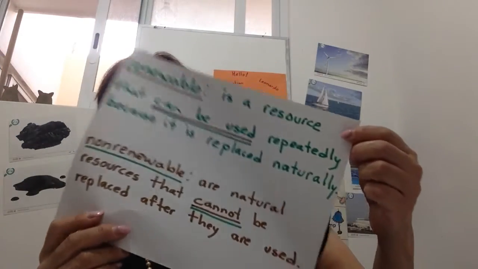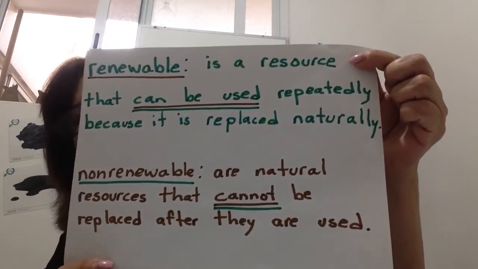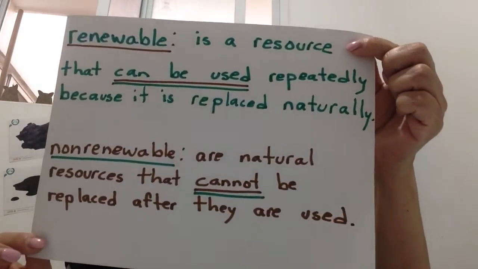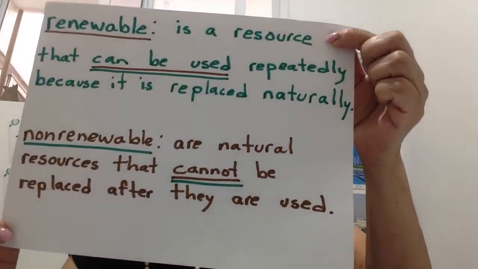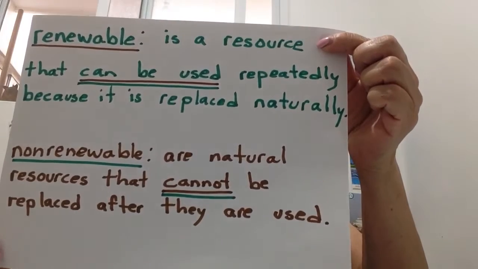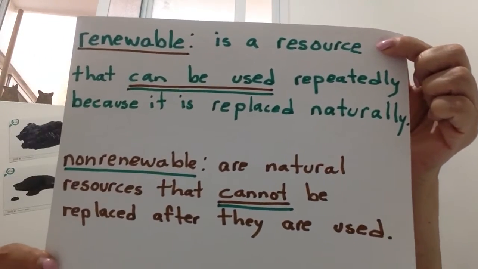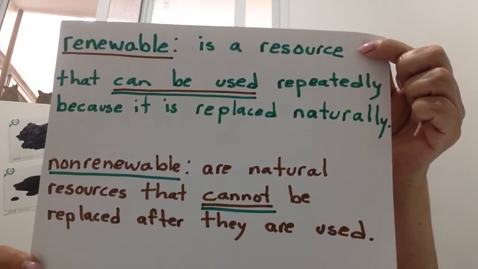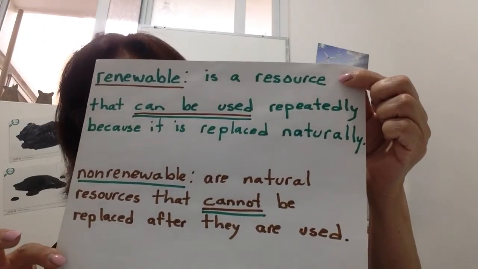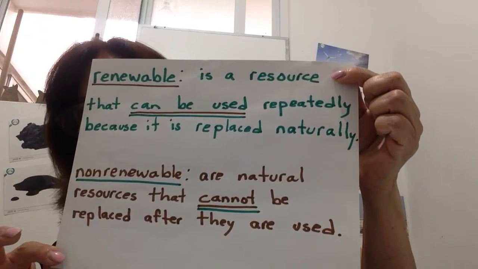Just to review. Renewable and non-renewable. What is renewable? It's a resource that can be used time after time. Some examples are oxygen, fresh water, solar energy, timber.